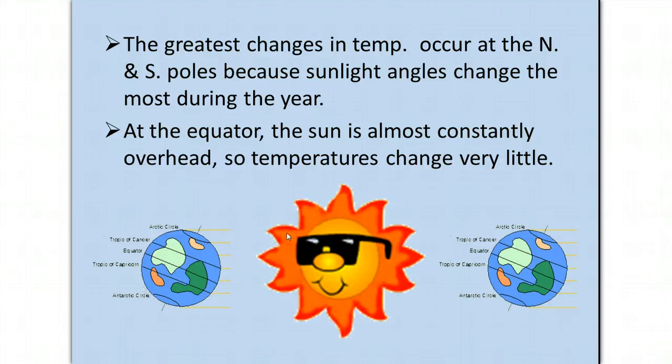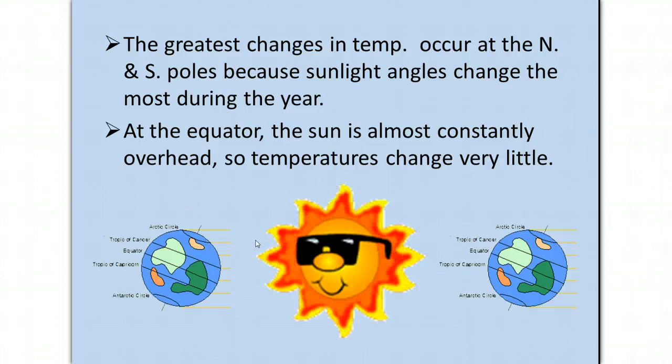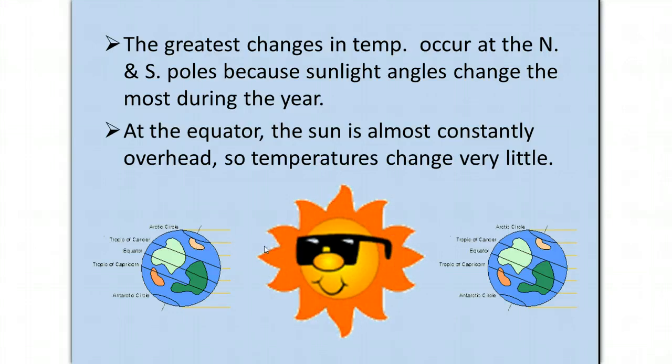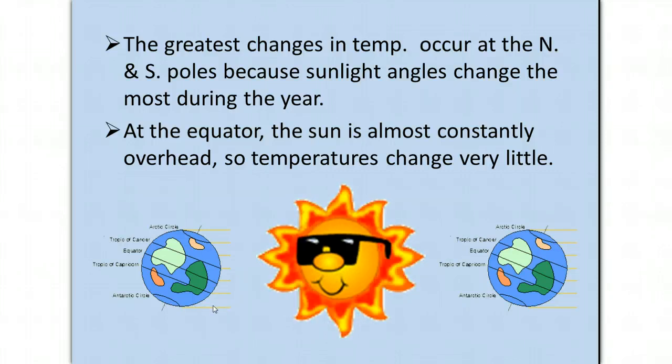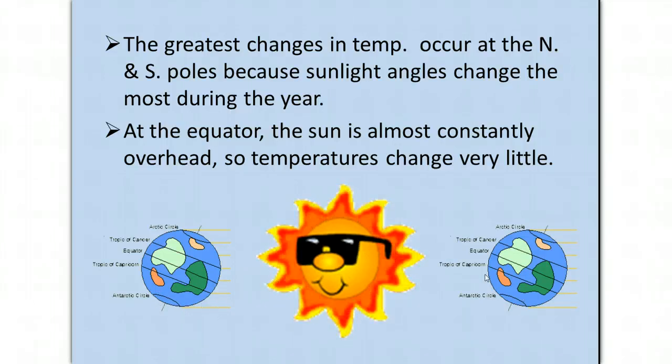Now the sun is very directly pointed at the northern hemisphere. So that's why this part is getting warmer. However, the angle of the sun on the southern end is a lot less, and so it's not getting as much direct sun, so it is not getting heated as much, which means it's winter.